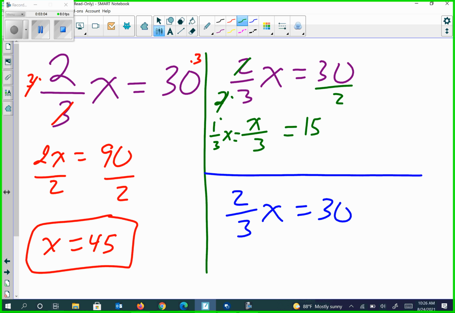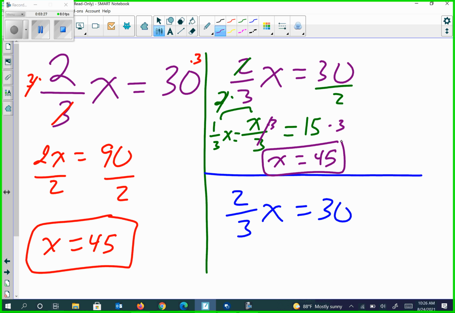So either way, these are both equivalent forms, but that's a great question. And then at this point, I could say, let's multiply both sides by 3. Those cancel, so x equals 45. And being that we got the same answer in both situations, we might be onto something. Agree?